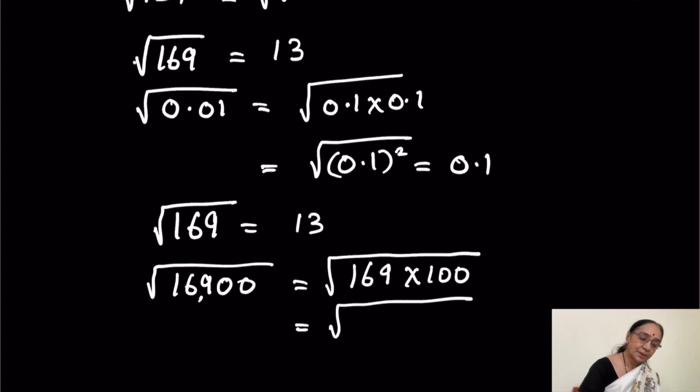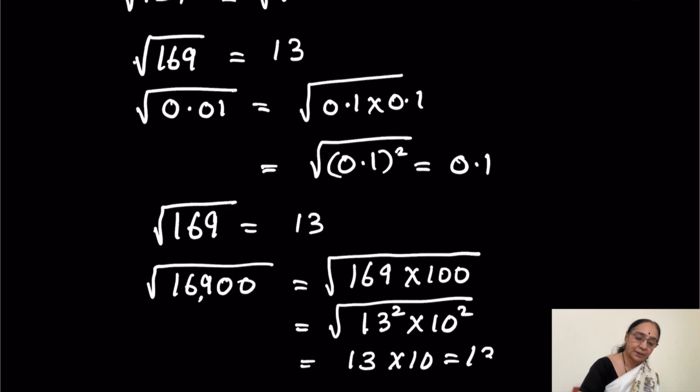Now try to write this as squares. So 169 can be written as 13 squared and 100 is 10 squared. Now for each of these numbers, you can pull out the square root, which is 13 times 10, which is 130. So the square root of 16,900 is 130.